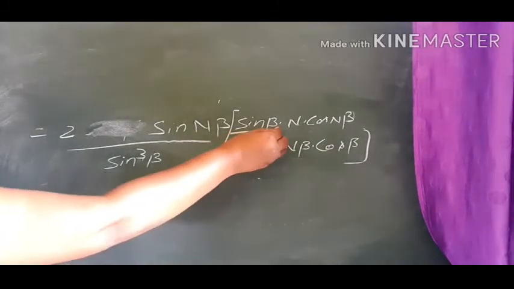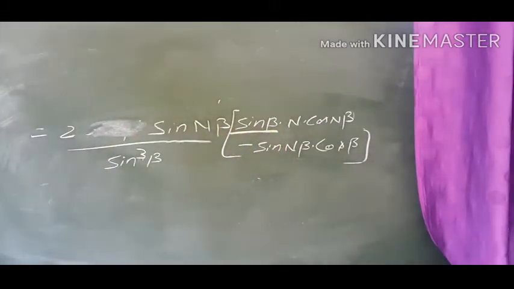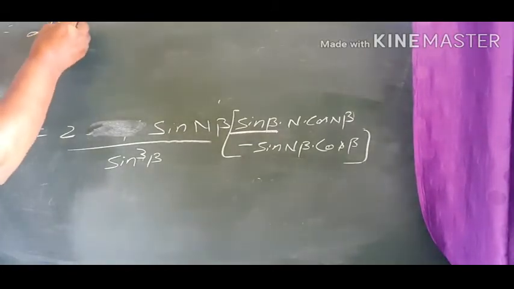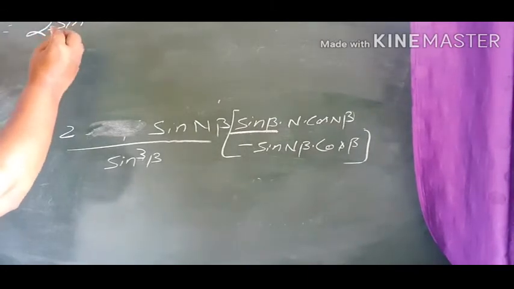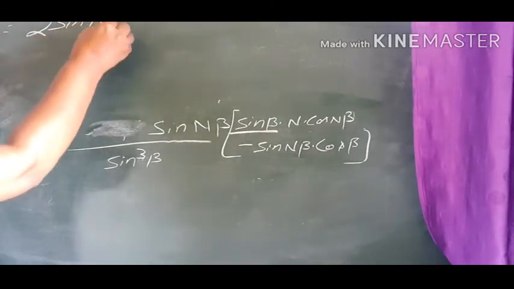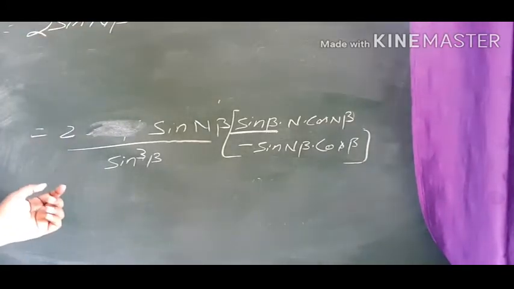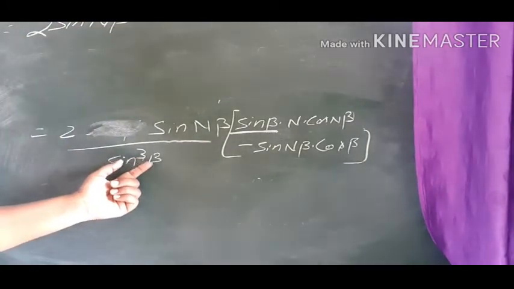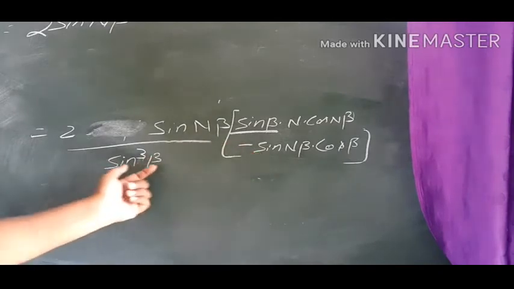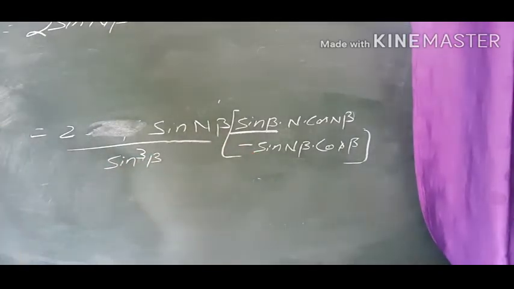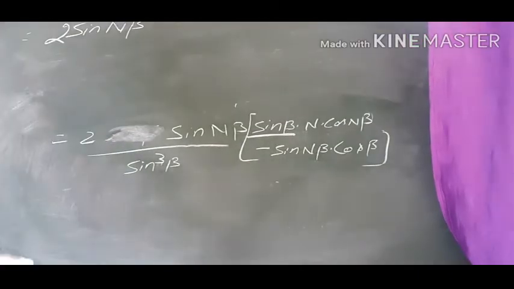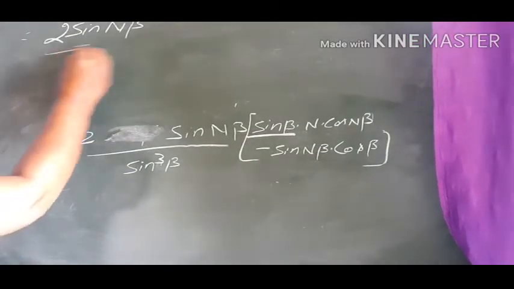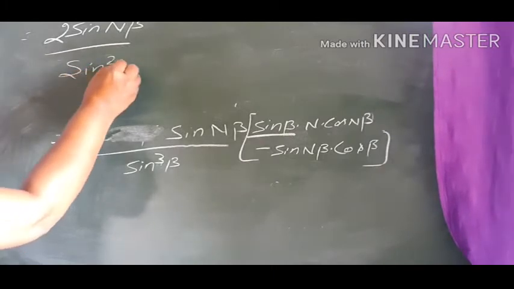Again putting 2 sin n beta outside the bracket, by multiplying 1 by sin beta inside, we have sin n beta by sin square beta.